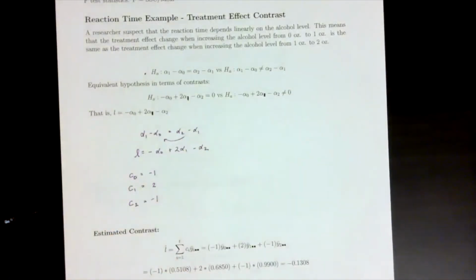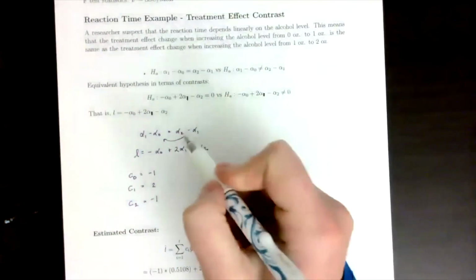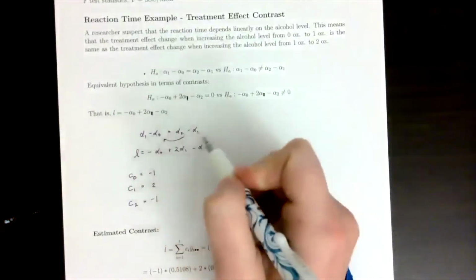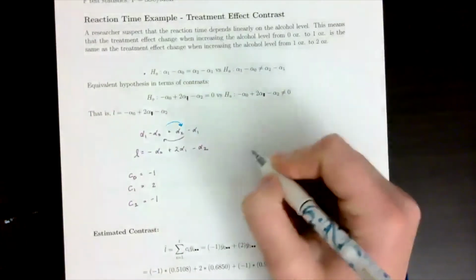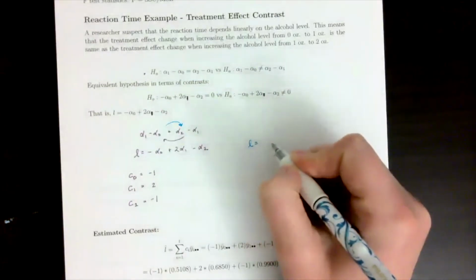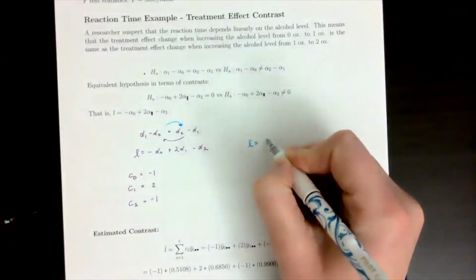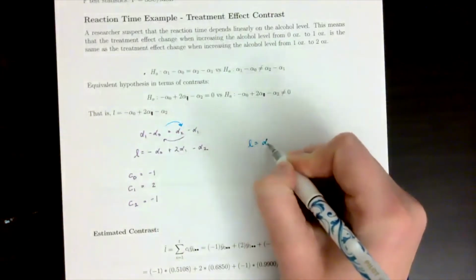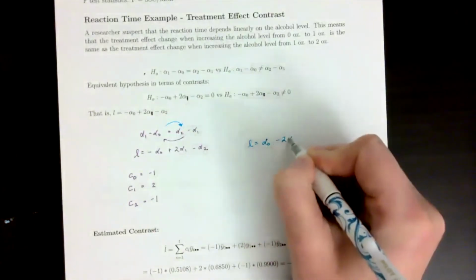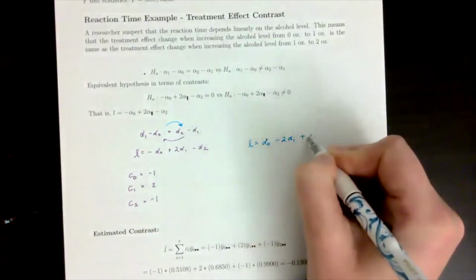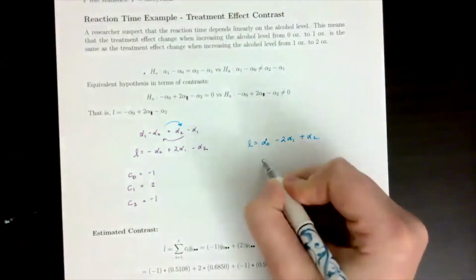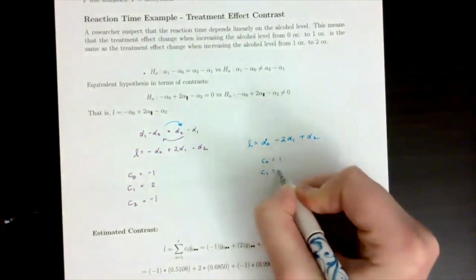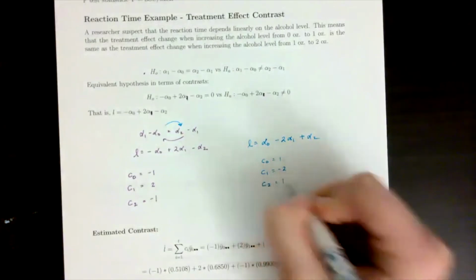Another way you could have done this is instead of bringing it over here, you could bring these terms to this side, which would result in an L equaling alpha 0 minus 2 alpha 1 plus alpha 2, where our C0 then would be 1, C1 would be minus 2, and C2 is 1.